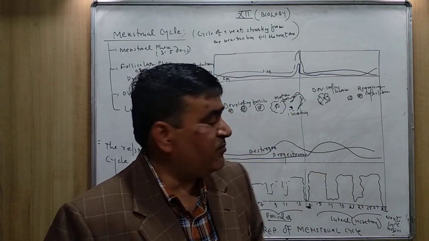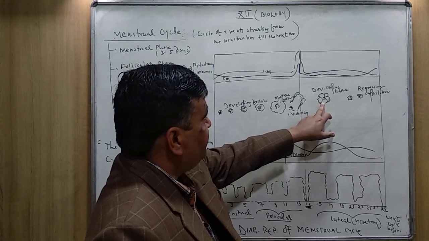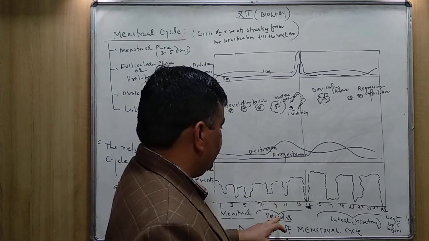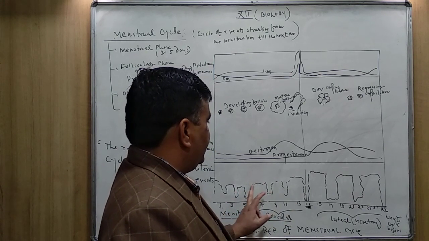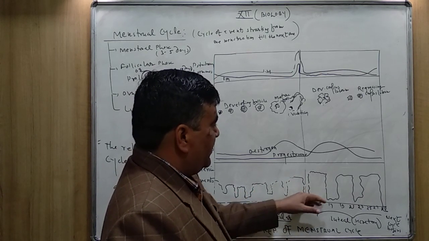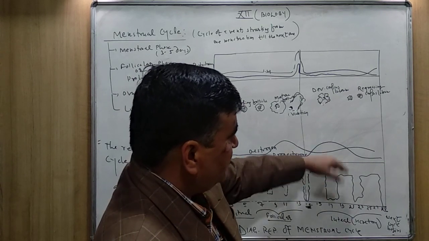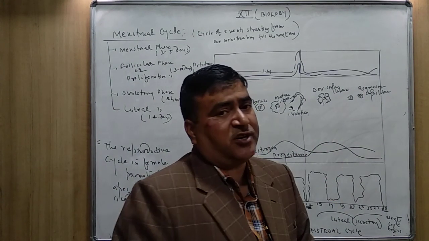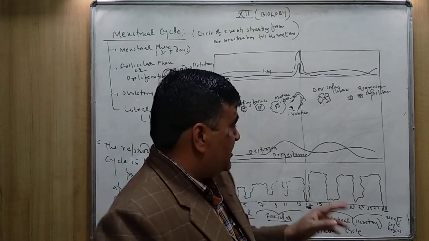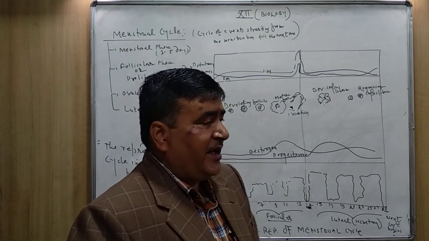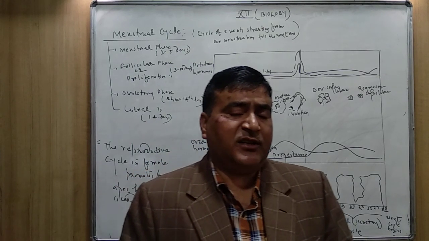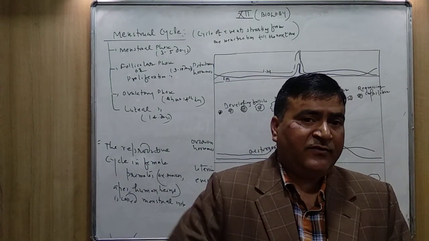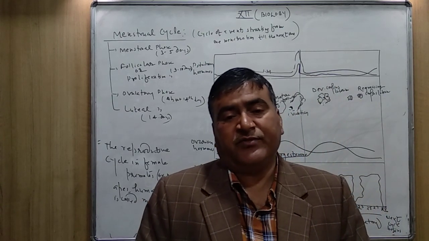And progesterone hormone further thickens the wall of uterus. You can see here that estrogen is thickening the wall, but again the wall becomes more proliferative, thicker in the presence of progesterone hormone. So in the luteal phase, estrogen as well as progesterone, both hormones are involved in further thickening of the wall of uterus.